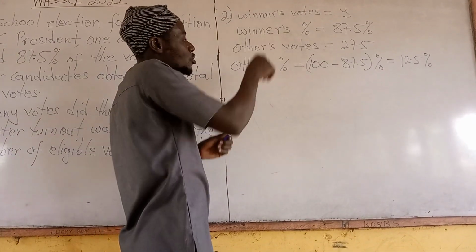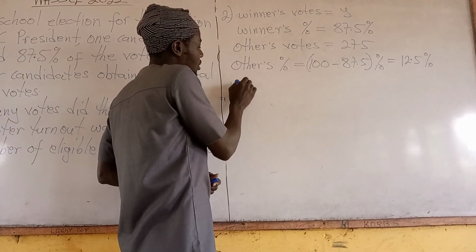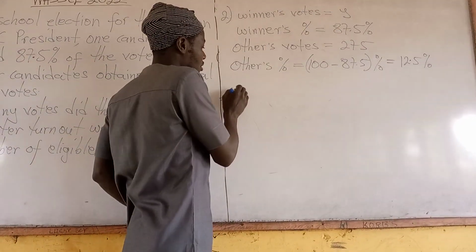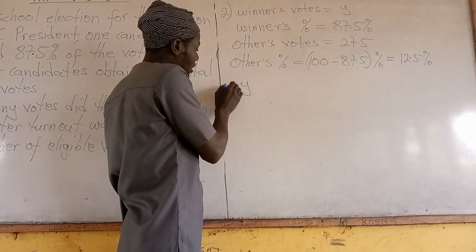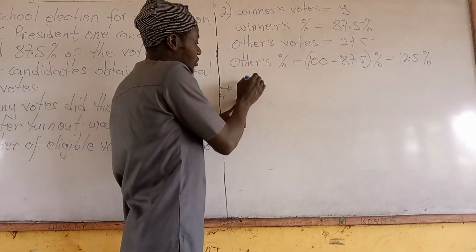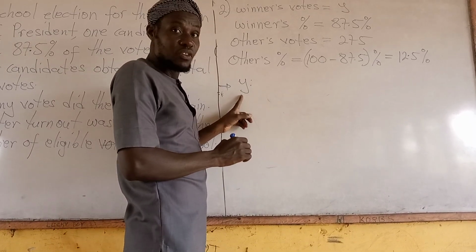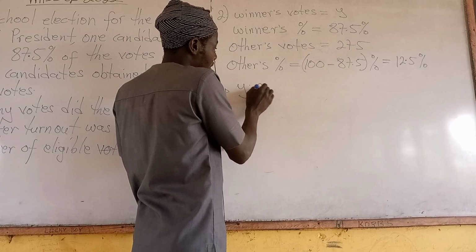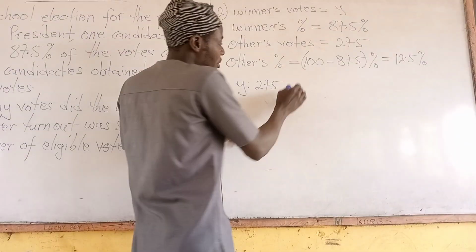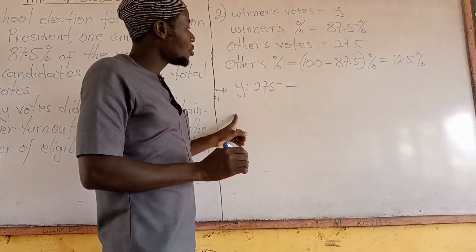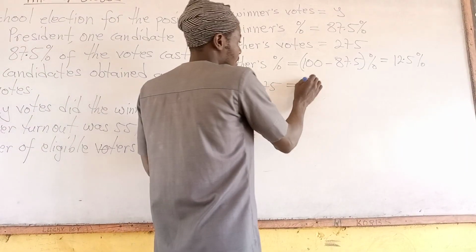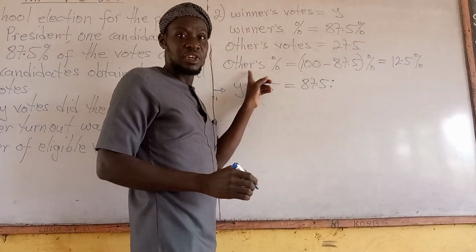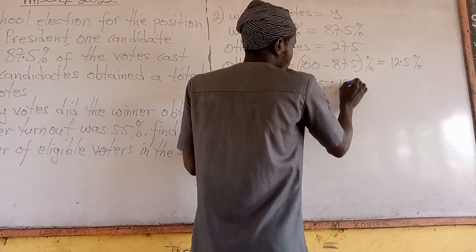We say that the ratio of the winner's votes, which is y, to the votes of the others, which is 275, should be equal to the ratio of the winner's percent, 87.5, to the percentage of the others, which is 12.5.